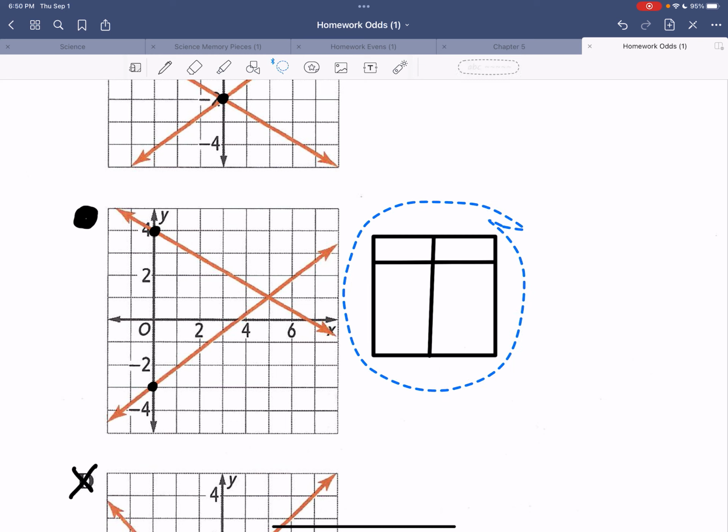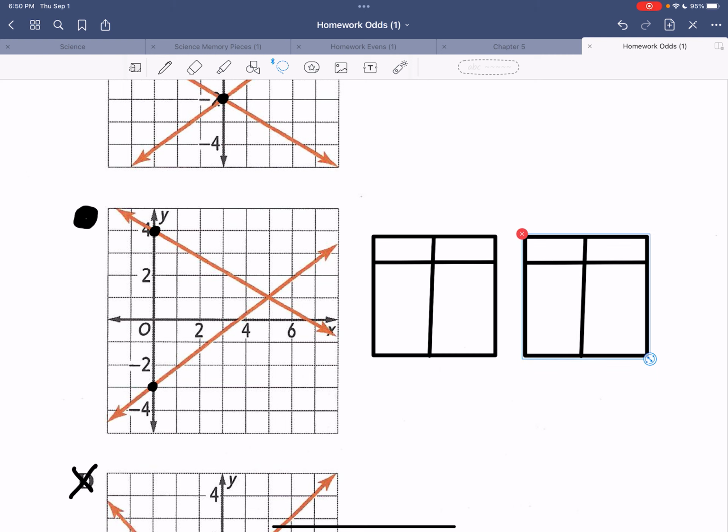Okay, so for the first line, I'm going to take the one with the negative slope first. So we have 0, 4. We have 5, 1. And that looks like all of them that are sitting on an intersection.